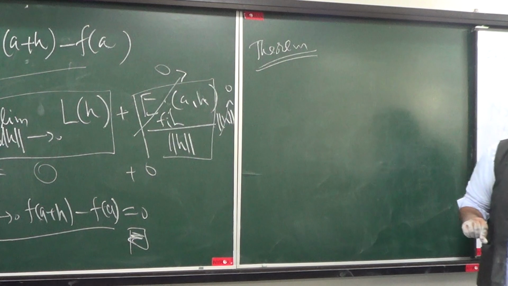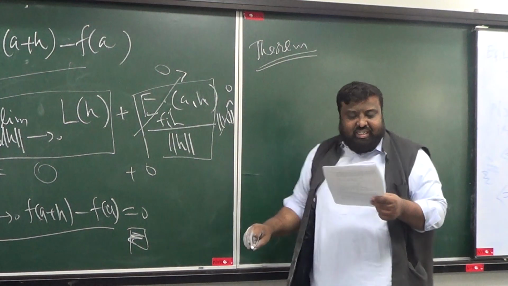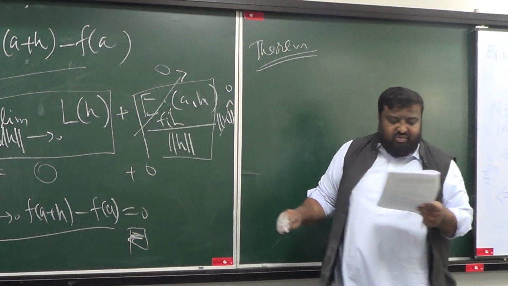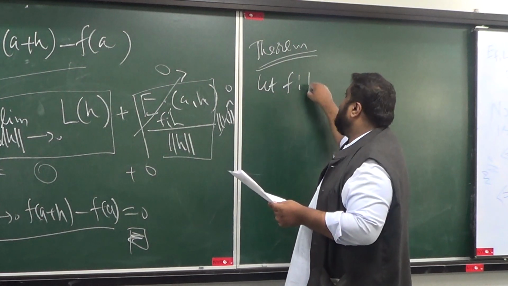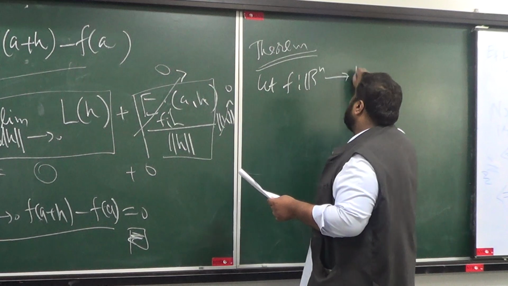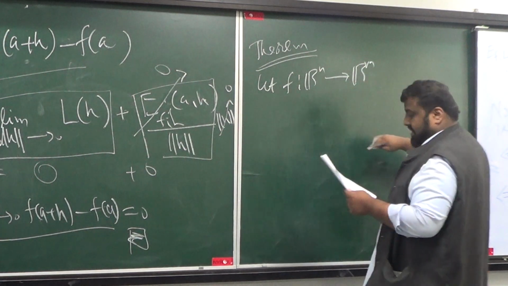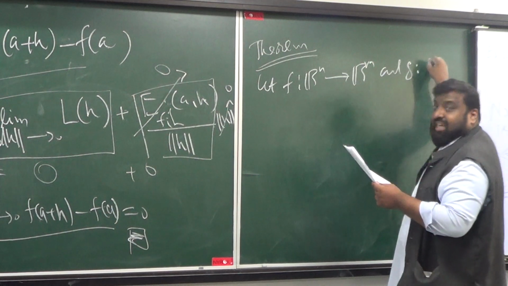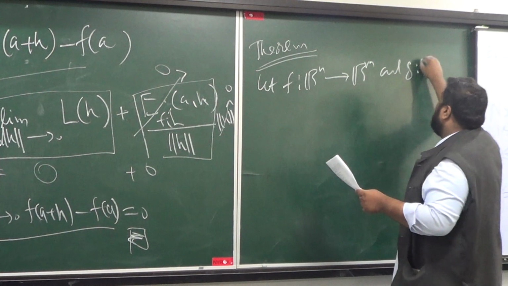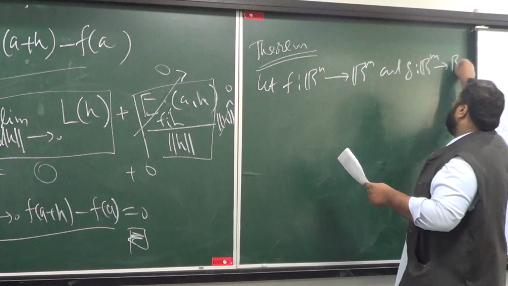So here's a beautiful, powerful theorem which says that if you have a map from Rn to Rm and G, after the class you can come to my office and then we can prove it.